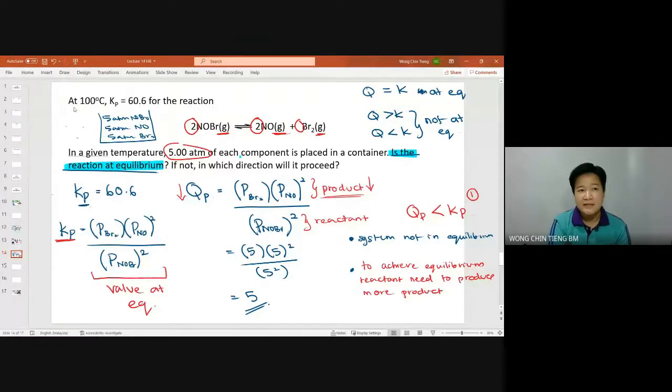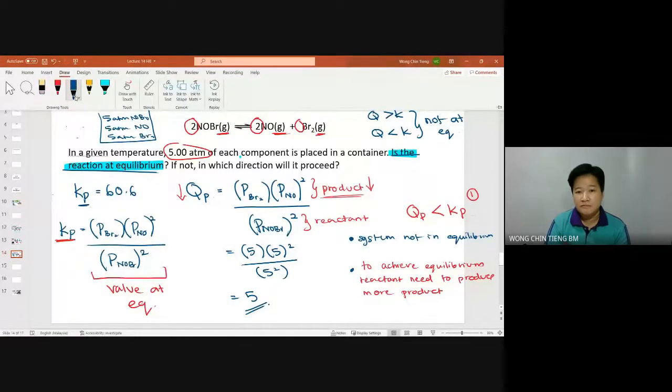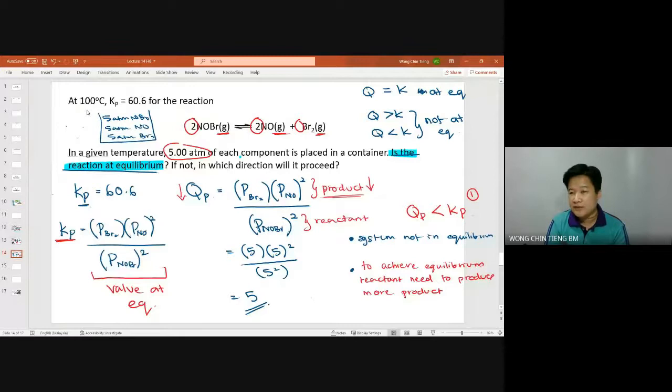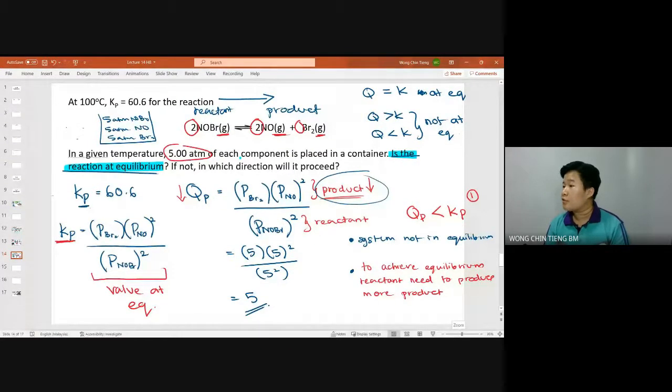Sebab kita dah decide tadi produk sikit. So bila produk sikit, apa yang kita buat? Produk tak cukup. Reactant kena tukar pada produk. Nampak? Dan bila perkataan reactant, kat sini adalah reactant, kat sini adalah produk, kita kena tukar kepada produk. Contoh je, reactant kena tukar kepada produk. So, we are shifting from the left to the right.